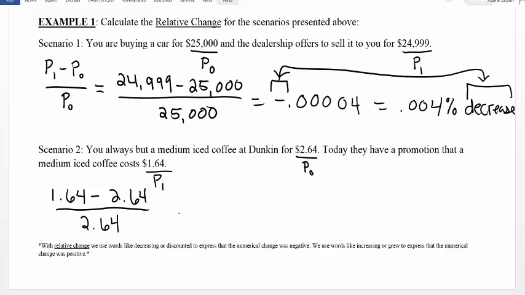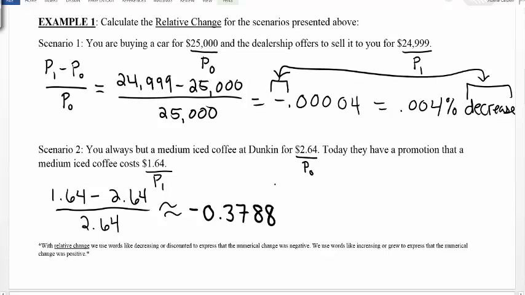So here, what I need to do is I need to use the approximation symbol because I'm going to do some rounding. So here, I'm going to call this negative 0.3788. If I were to turn that into a percentage, which I'm usually going to do in this type of problem, I would multiply by 100 and I would get that this is approximately a 37.88% decrease in price.